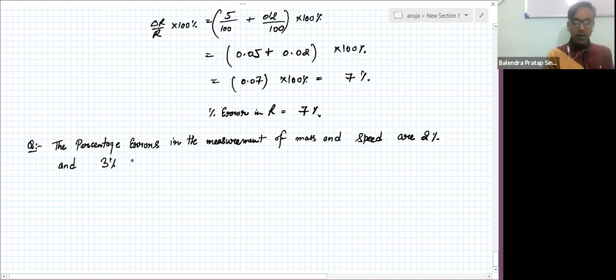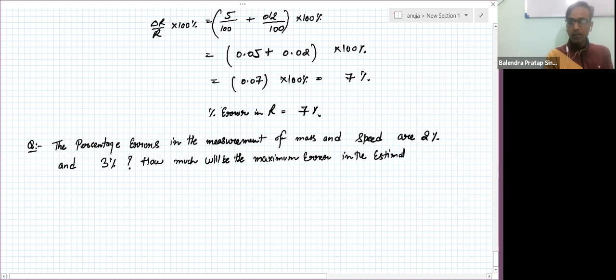How much will be the maximum error in the estimate of kinetic energy?